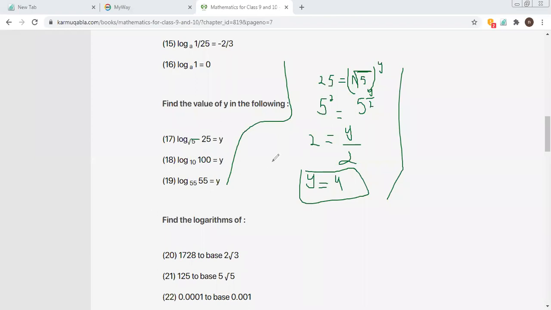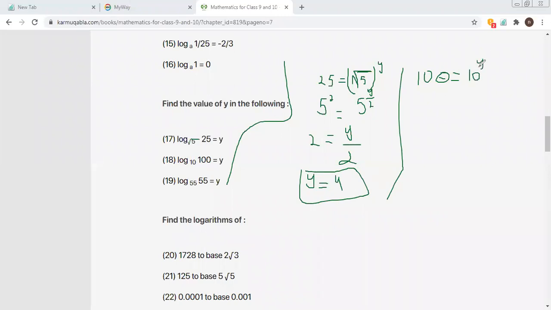Okay, next question number 18: log base 10 of 100 is equal to y. Yes class, what should be the next step? Tell me, what should we write on left and right hand side? जल्दी से बताइए. 100 is equal to 10 power y.